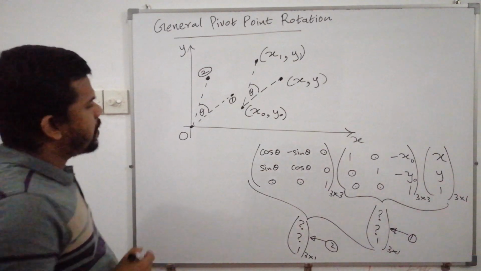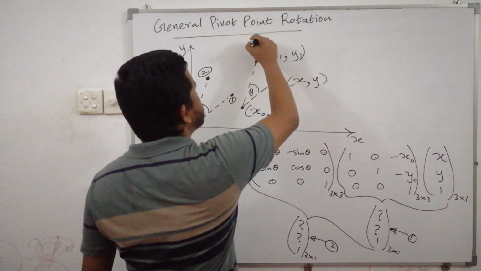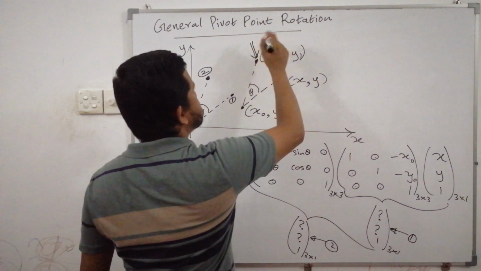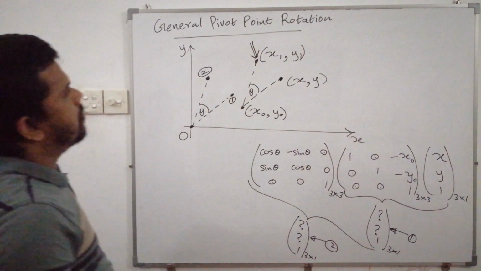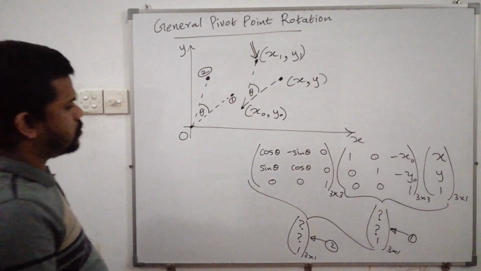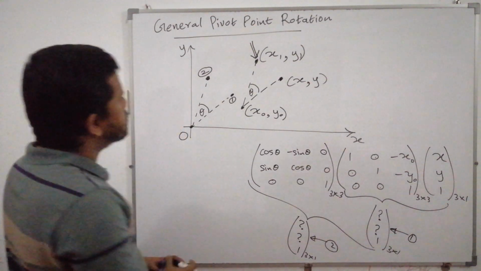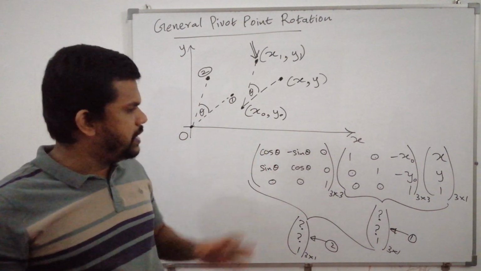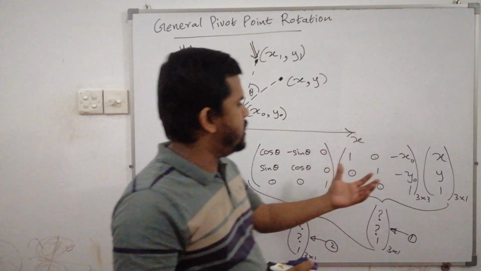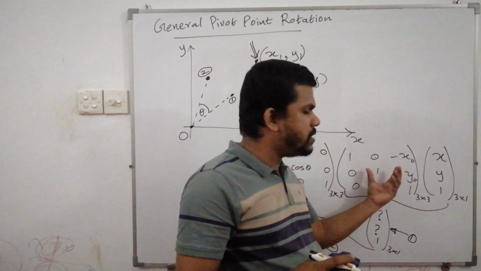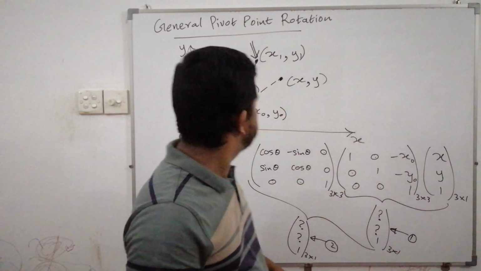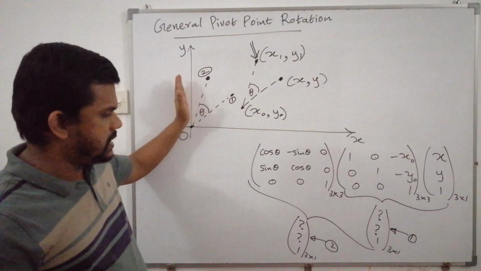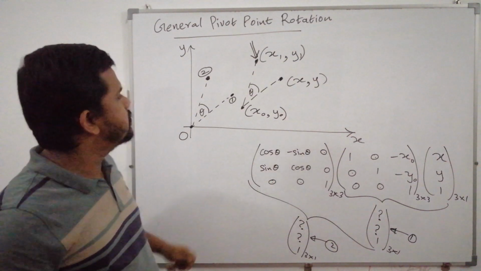Again, now our goal is to compute the coordinates x1, y1. So in order to get this, what should we do? First, we performed a translation. Then we rotated around the origin using this matrix.